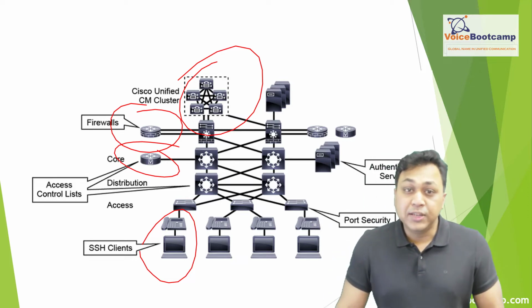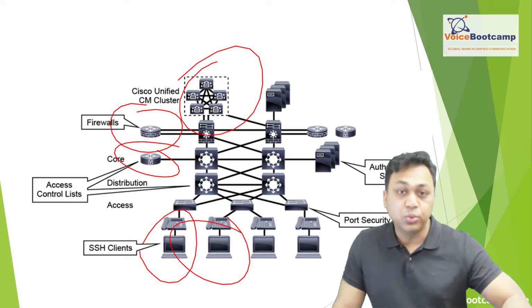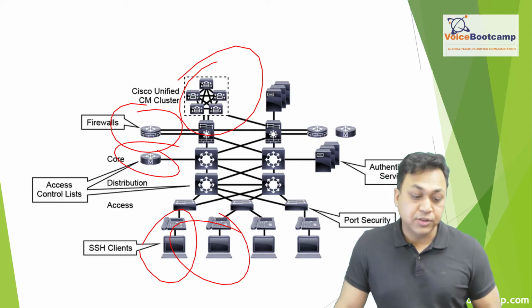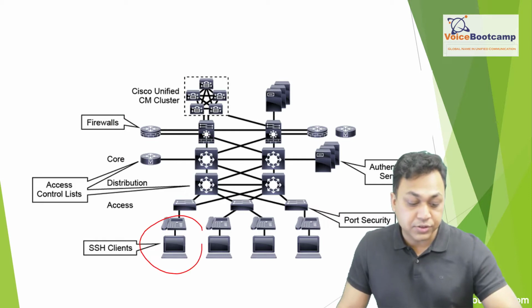Let's take a look very briefly here: if this telephone down here, for example, wishes to communicate with a CUCM on the devices sitting at the very top in the topology, then you have to understand how this traffic is passing through.